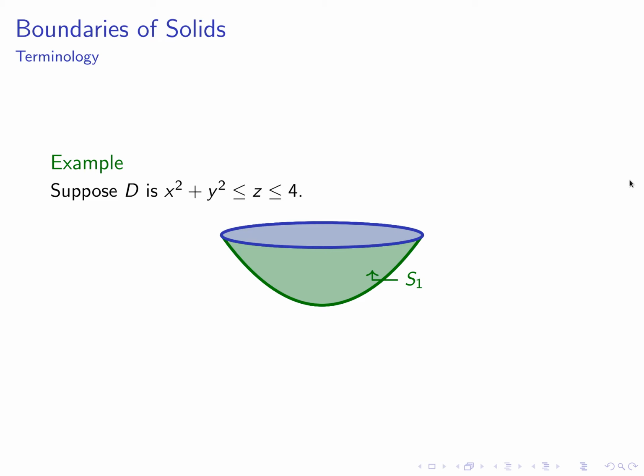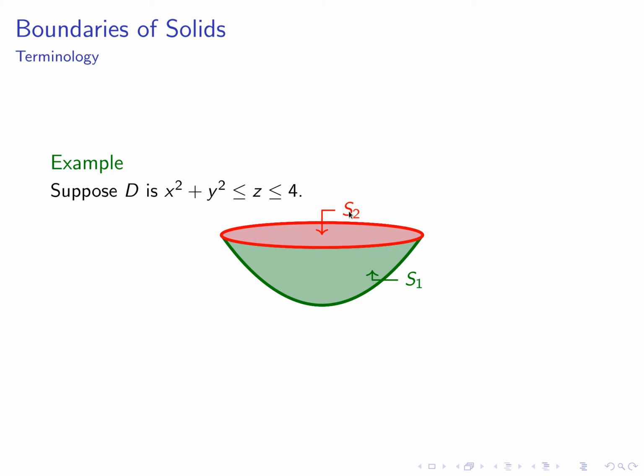So if we want to think about the boundary of this domain, it will consist of 2 surfaces. There's a bottom part of the outer shell and a top part of the outer shell. The bottom part, which we're calling S sub 1, is described by the equality part of our first inequality. x squared plus y squared equals z gives us the bottom part of the boundary, and that's the part that's a paraboloid.